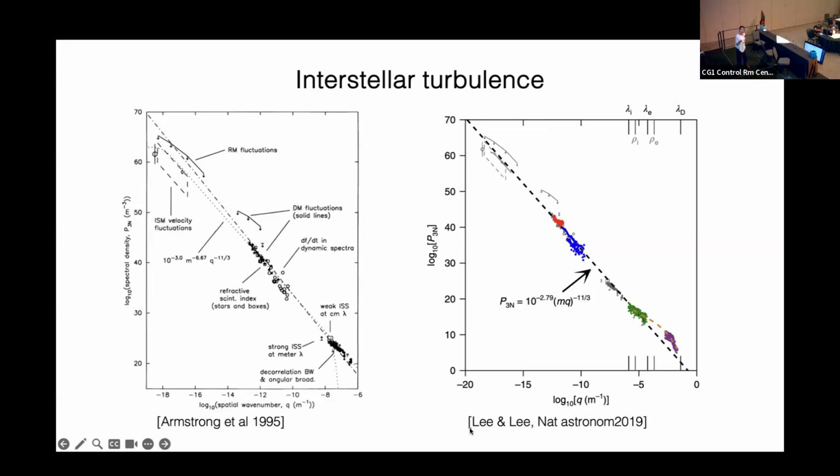This spectrum refers to density fluctuations, okay? So these have been measured indirectly through radio scintillation. And this on the right, in fact, they found the same result. These are direct measurements of density fluctuations in the interstellar medium, from Voyager, when it went supposedly beyond our solar system.